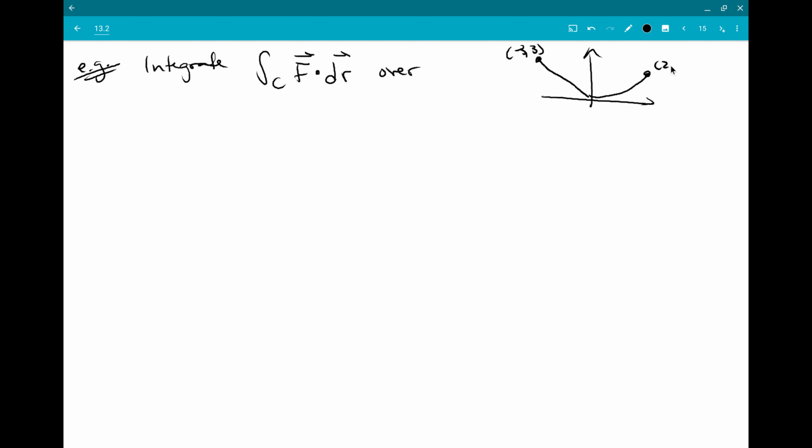Negative 3 to 3, 2 to 1. y equals minus x there, and y equals x to the fourth over 16 there, for F equal to y comma x. And again, we're going to do this the two different ways. So the first way is the fundamental theorem way.